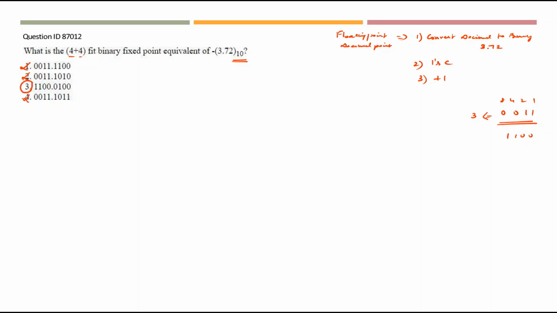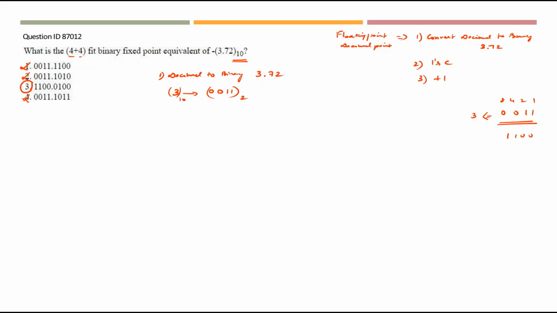Now we will solve it using the steps. The first step is to convert decimal to binary. Here is the whole number 3 and we have a point here. 3 in decimal is converted to 0011 in binary.